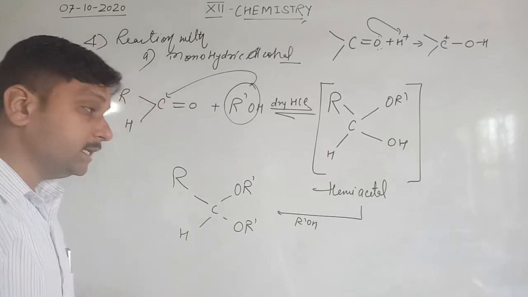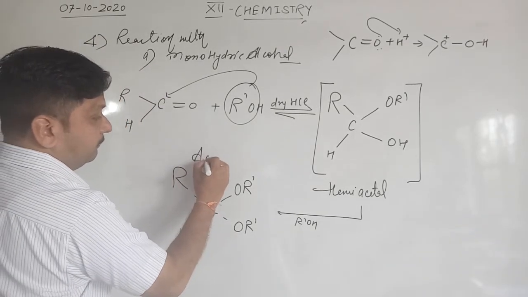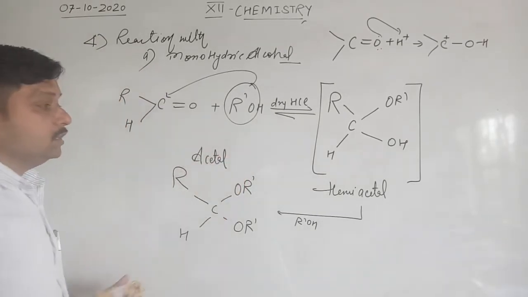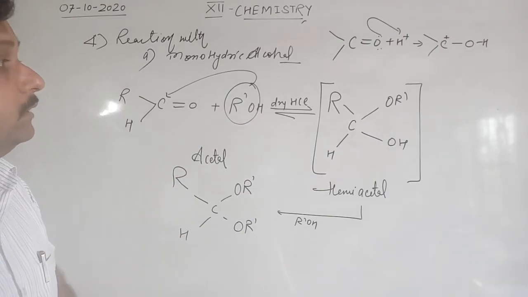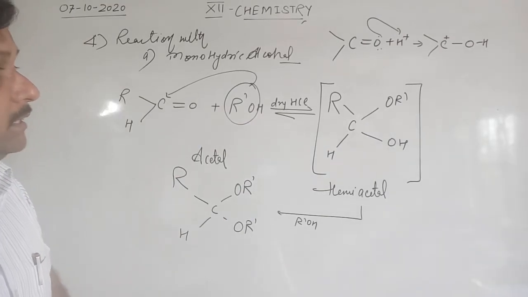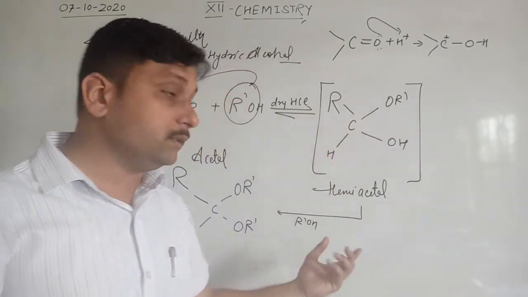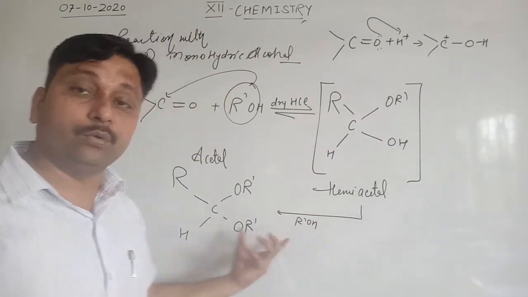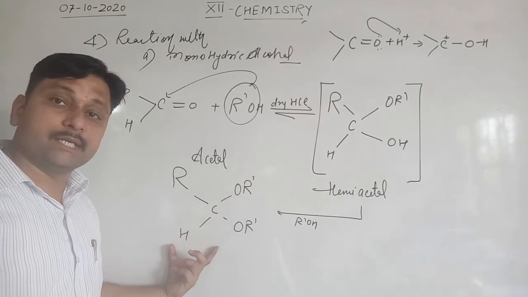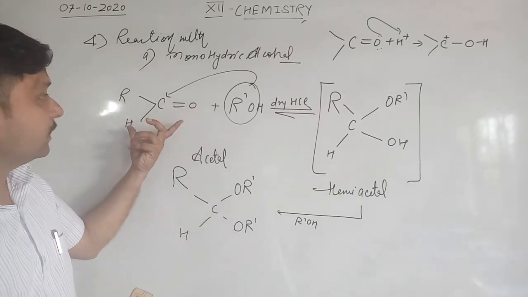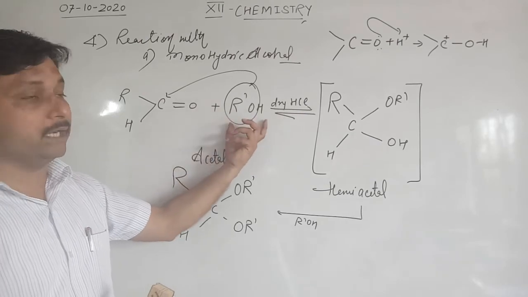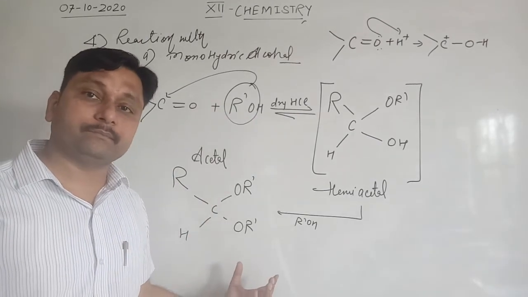This compound is known as acetal, and this is a stable compound. So firstly hemiacetal, an unstable compound that contains only a single alkoxy group, instantly reacts with another molecule of alcohol and converts into a stable compound known as acetal. So aldehydes react with monohydric alcohol and they form acetal.